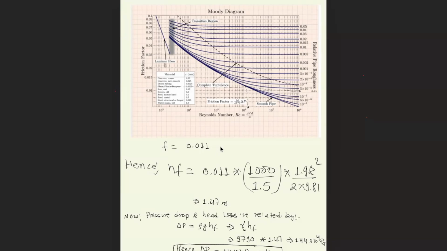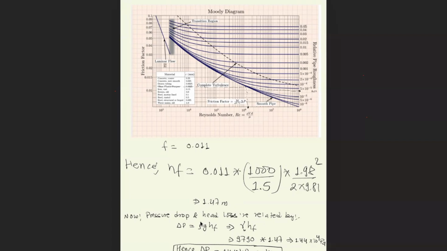Since we already have the friction factor f and we have computed V, it's just putting the numbers into the Darcy Weisbach equation. That gives us hf equal to 1.47 meter, whereas our main intention is to calculate the pressure drop.